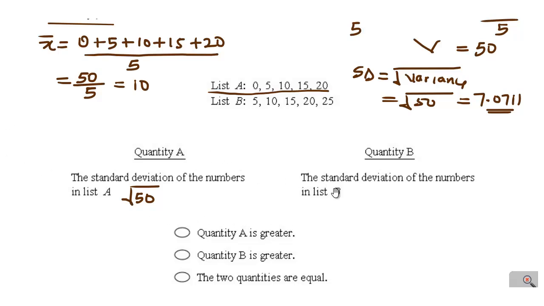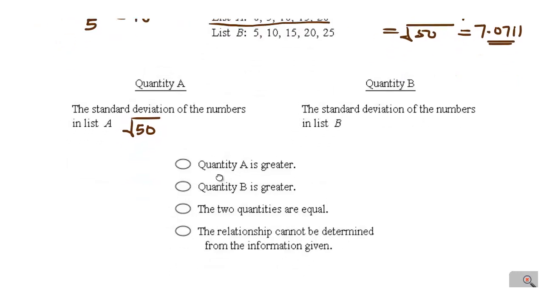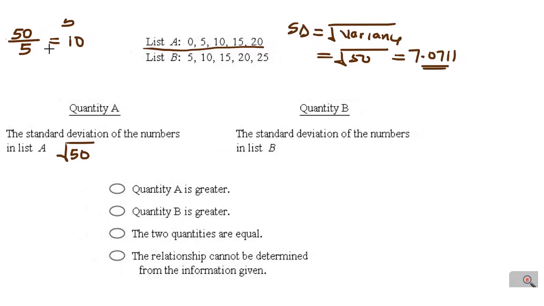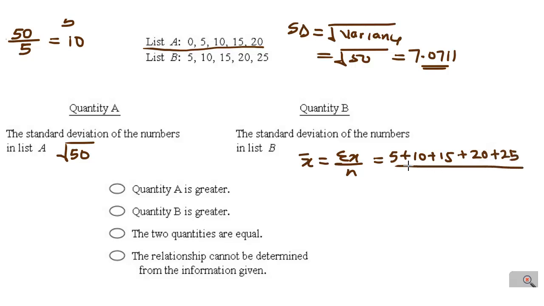Quantity B says the standard deviation of the numbers in list B. So let's calculate the standard deviation for this. For B, we still need the mean. The mean for list B is summation x over n, which is 5 plus 10 plus 15 plus 20 plus 25, then everything divided by n.